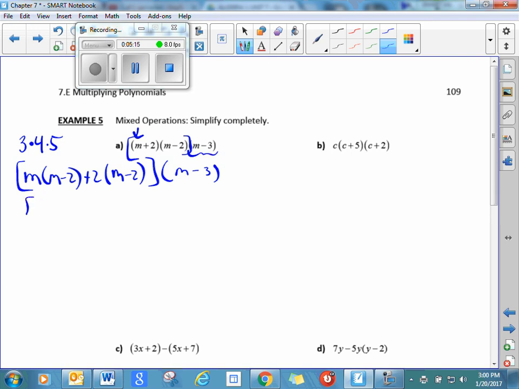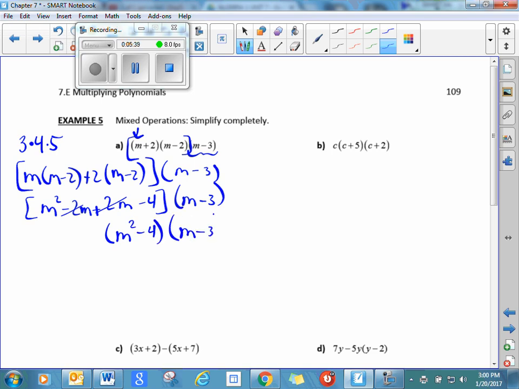So this guy, still inside the brackets, becomes m squared minus 2m plus 2m minus 4. And all of that is going to do one more multiplication as soon as I clean this up. Because I do have some m's to the first power, a minus 2 and a plus 2, they go away. So now I'm left with m squared minus 4 times m minus 3.